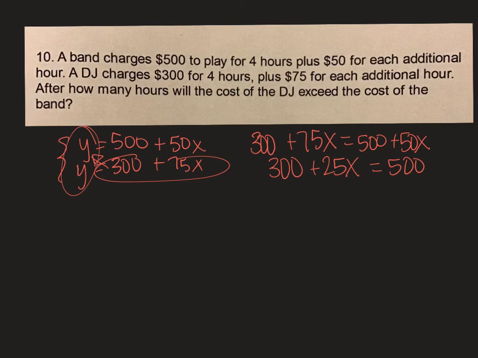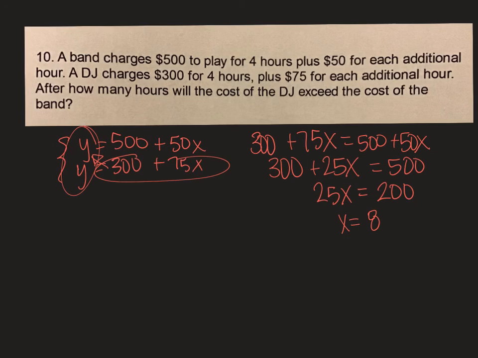I'm going to subtract my 300, which gives me 200. And then I'm going to divide by my 25. So 200 divided by 25 is going to give me 8. So remember, our x value is how many hours. So after how many hours will the cost of the DJ exceed the cost of the band?